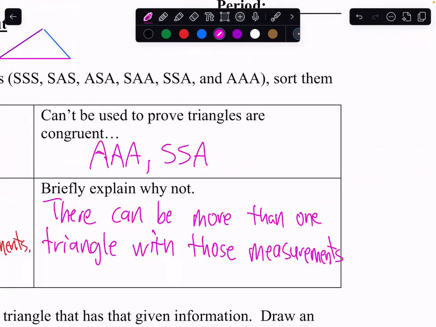Okay, so for example, what if I told you I want you to draw a triangle with three 60-degree angles?